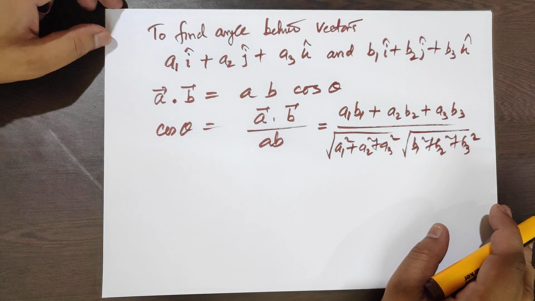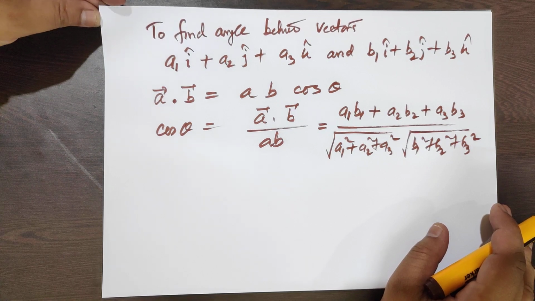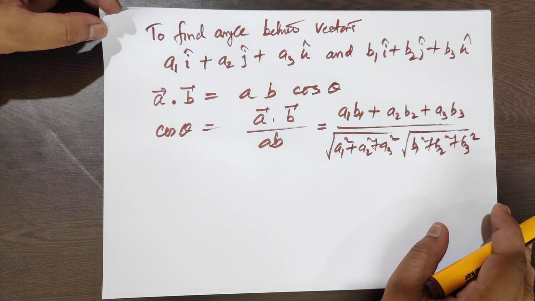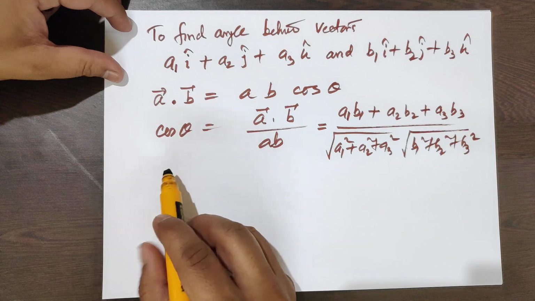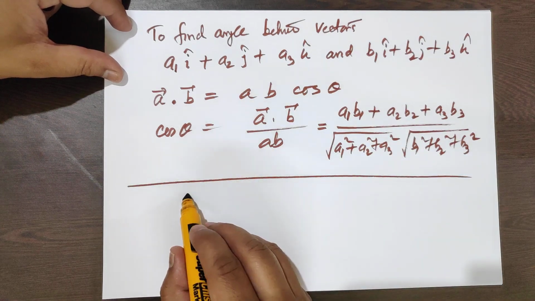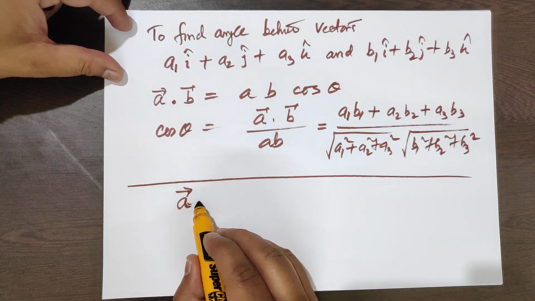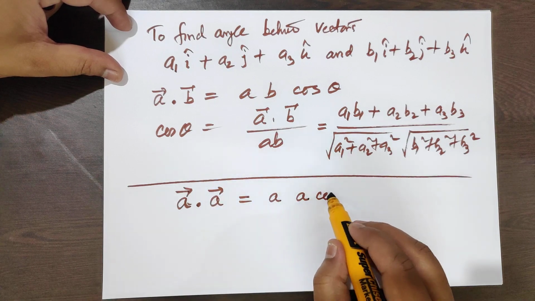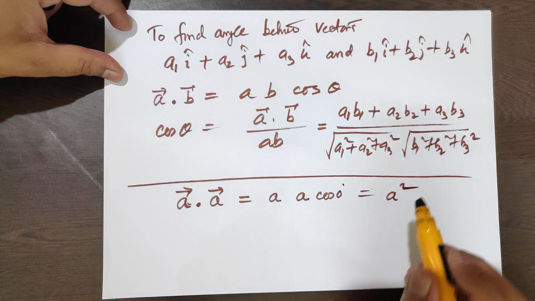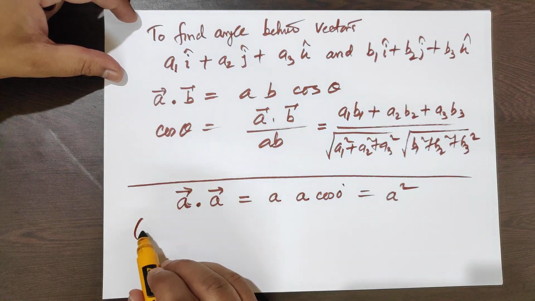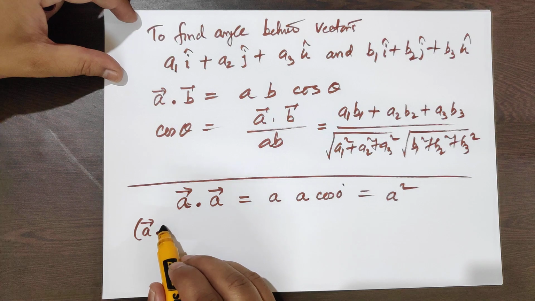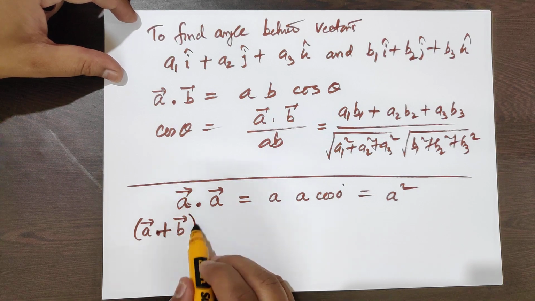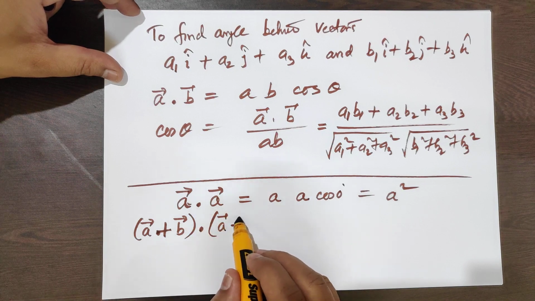If the angle between two vectors is an obtuse angle, then their dot product is negative. If it is 90 degrees, the dot product is 0. Suppose you have a vector a and you take the dot product of a with a, then what do you get? a into cos of 0, that's a square. So suppose a plus b dot a plus b.